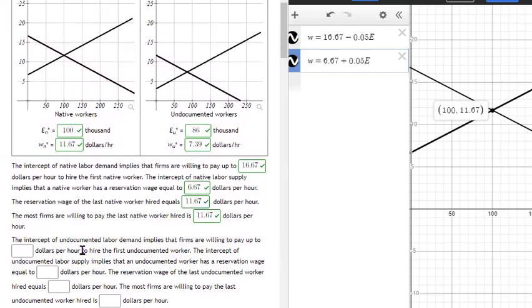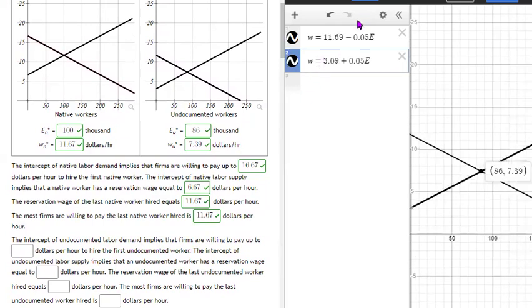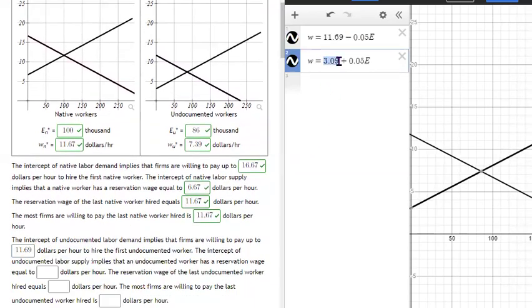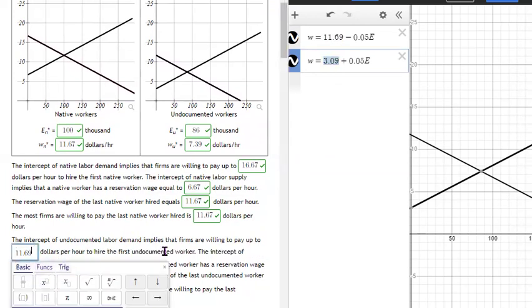The intercept of the undocumented labor demand implies that firms are willing to pay up to what? So here is labor demand and labor supply of the undocumented workers. And they're willing to pay up to 1169 for the first of them hired. There is one undocumented worker that is willing to work for at least $3.09.